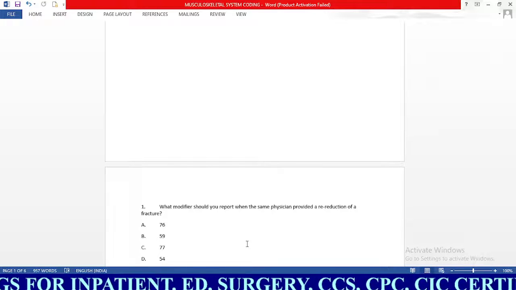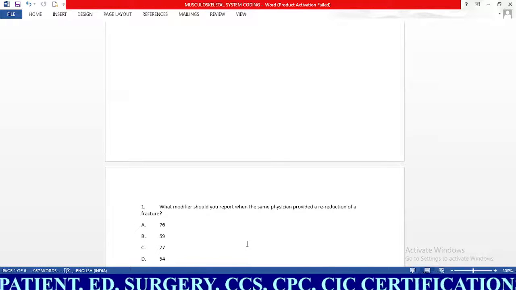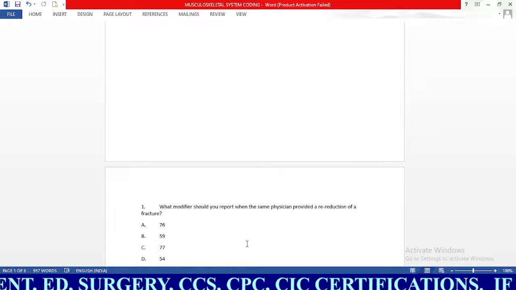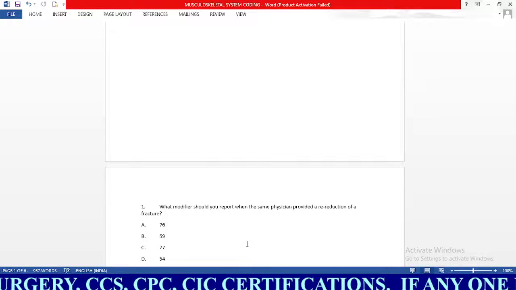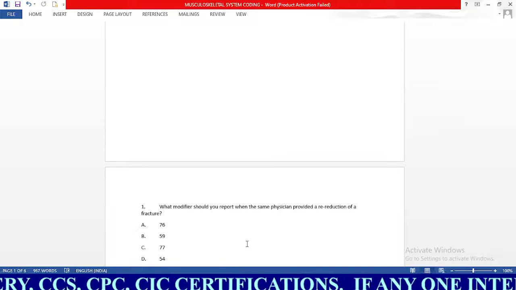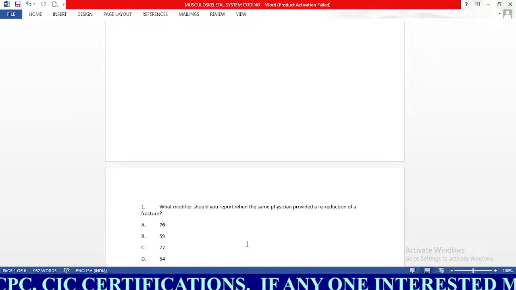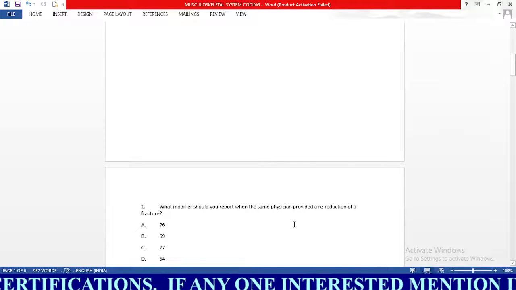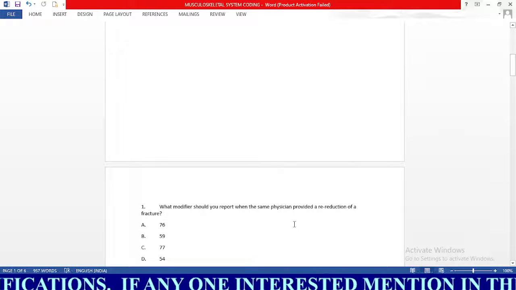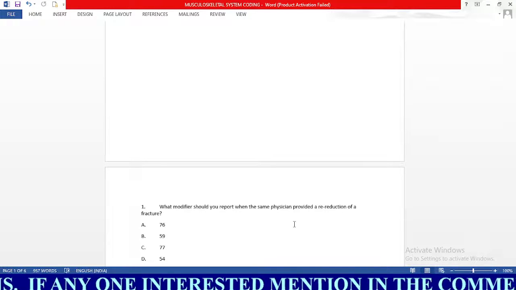So 77 is for a different physician and 59 is for a separate procedure, but it is not a separate procedure and this reduction is not performed by another physician. This reduction is performed by the same physician who provided the initial reduction. So here our answer is A, which is 76. Yeah, thank you, Cinderella. So we will go ahead and learn the second question.